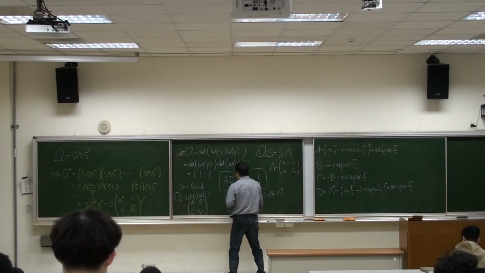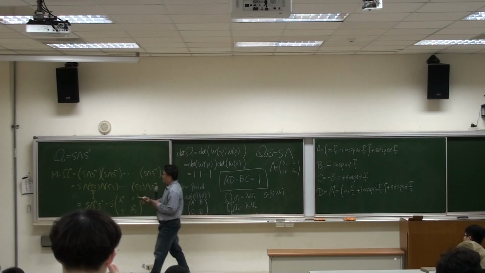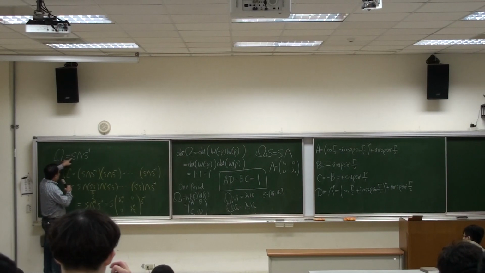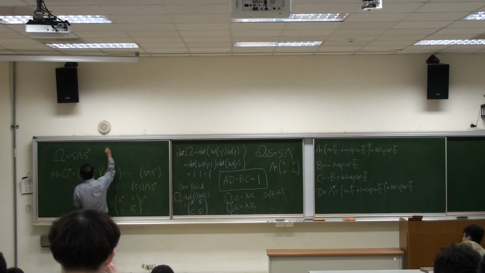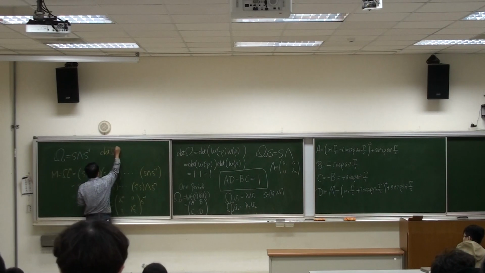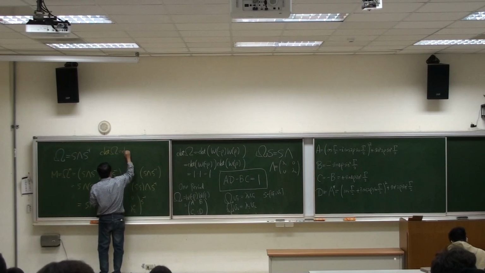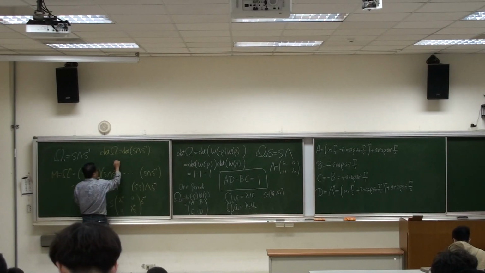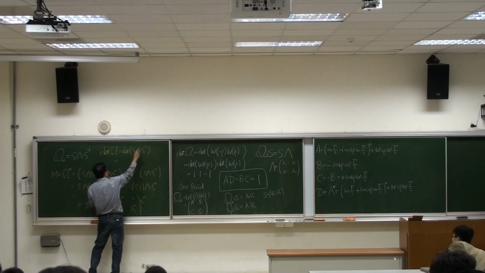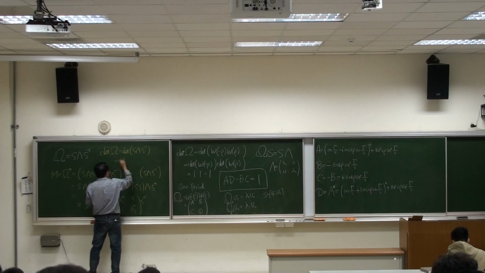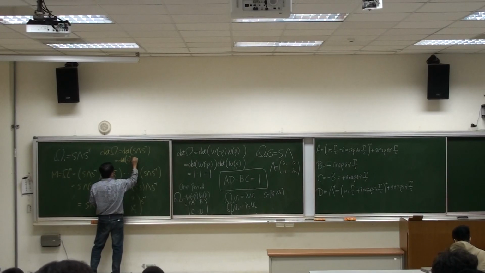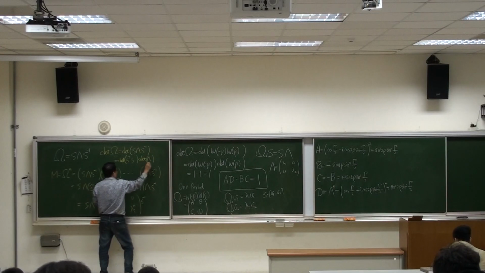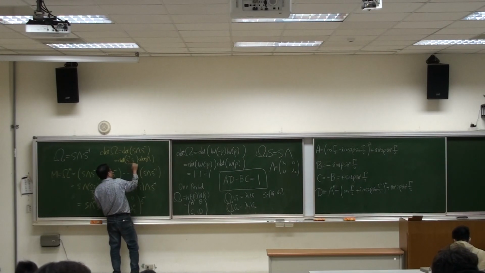Before doing that, let me remind you that since omega is equal to S lambda S inverse, this means that the determinant of omega is the determinant of S lambda S inverse. Okay, and this is just equal to the determinant of S inverse S times the determinant of lambda, and S inverse S is the unit matrix.